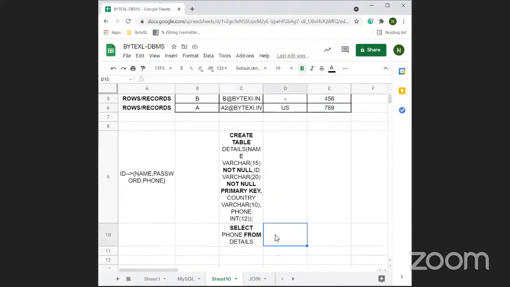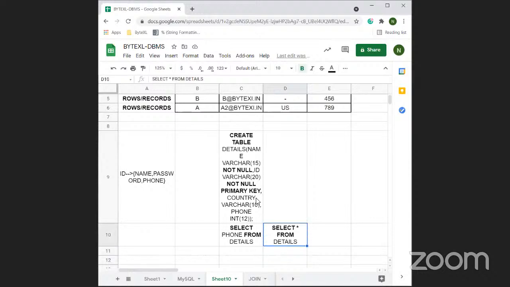Then suppose I want all the values, not just one. The other syntax available is select star from table name. The table name is mandatory, because the engine of the DBMS should know from where to access the table. We don't know. So giving the table name is important.